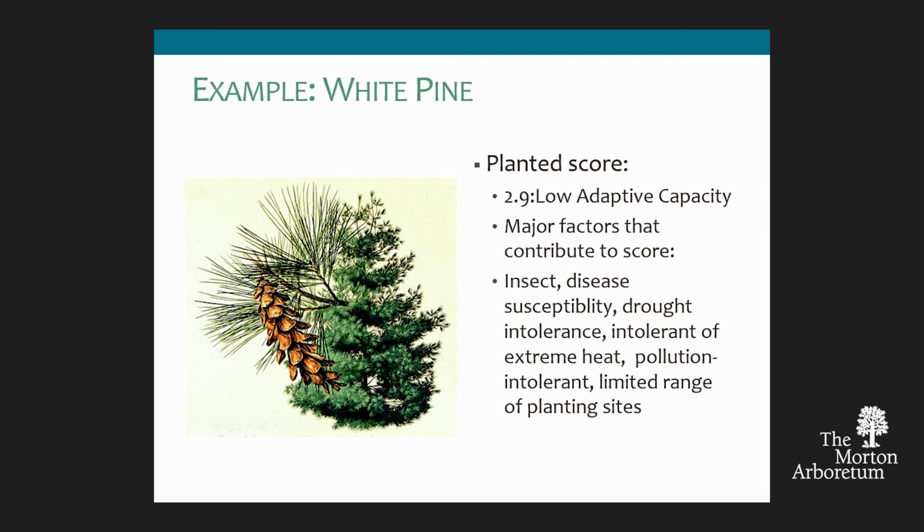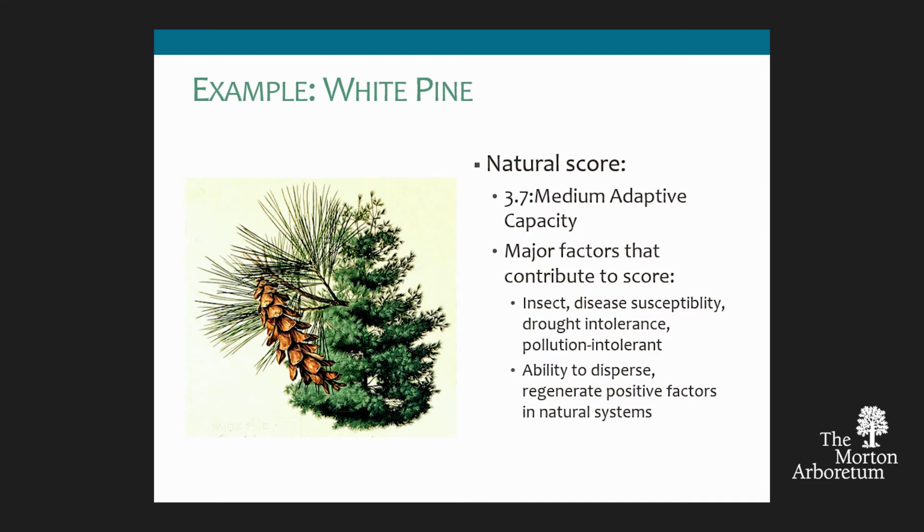And there's a limited range of planting sites in urban areas. Its adaptive capacity in natural systems is slightly higher, and that's because a lot of those urban factors are not as big of a factor in those natural systems.